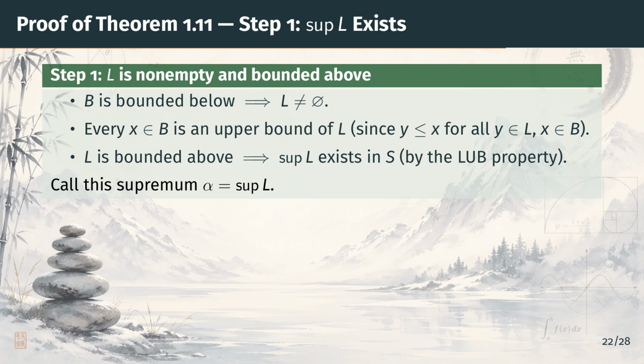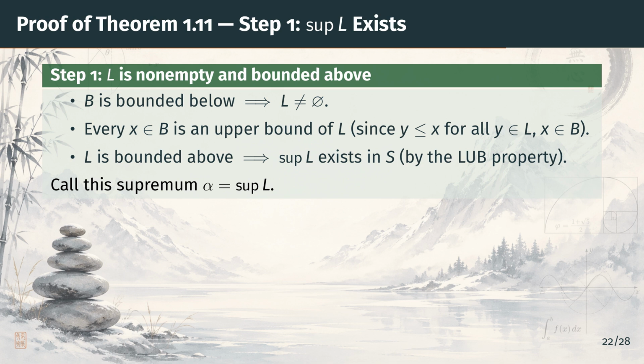Let's begin. Since B is bounded below, there exists at least one lower bound, so L is not empty. Now every element x of B is an upper bound for L. Why? Because L consists of all lower bounds of B, meaning every element of L is less than or equal to every element of B. So every element of B bounds L from above.